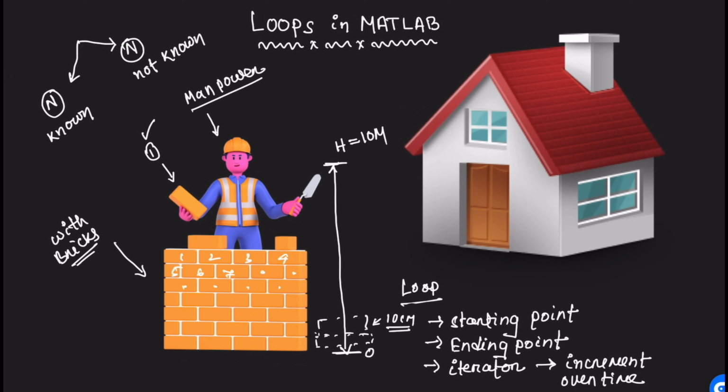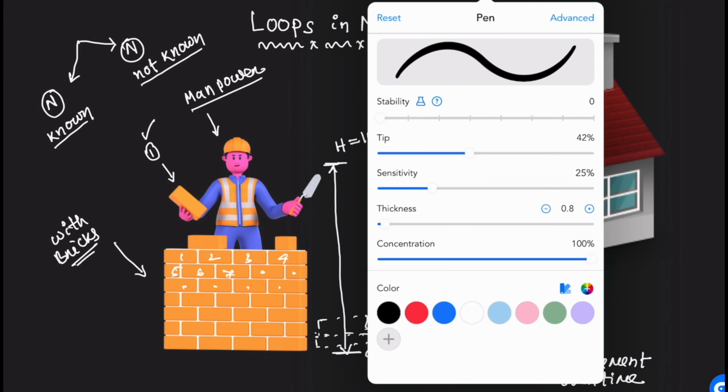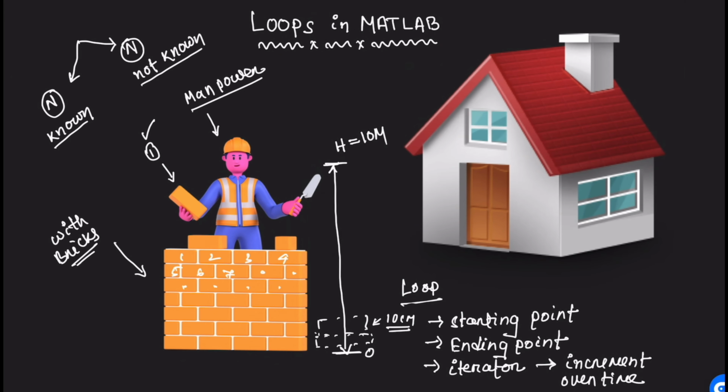Considering there could be two possibilities, one is unknown n and one is known n, in that case you will have two options. For unknown, you will be using a while loop. This is basically a condition based loop.